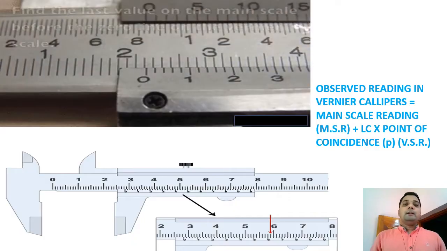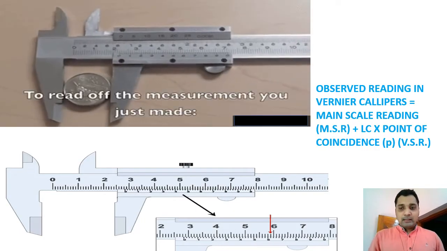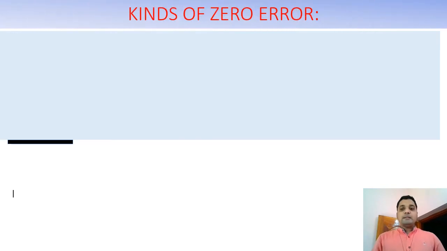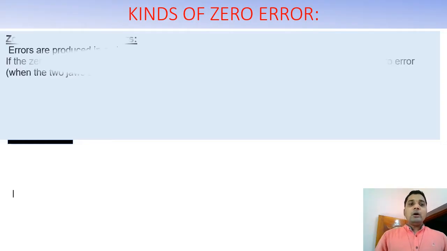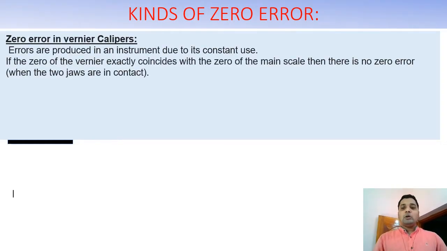And all Vernier calipers have some error, that is called zero error, the error due to zero. We have a zero on the main scale and a zero on the Vernier scale. If the zero of the main scale and the zero of the Vernier scale do not coincide, meaning they do not remain straight, and either one remains to the left or right, when both the jaws are in contact, fully closed, then that is zero error.